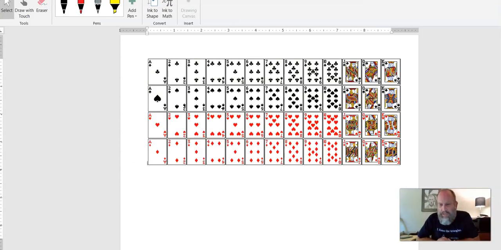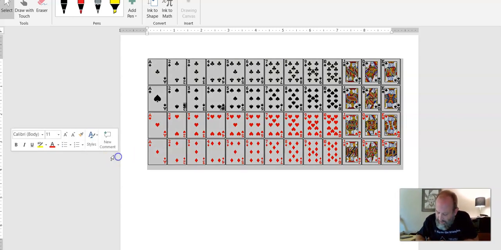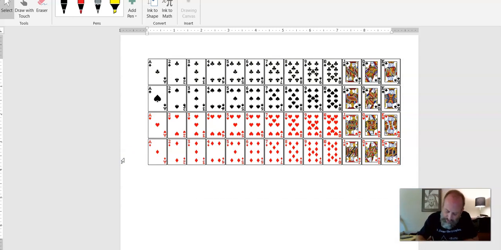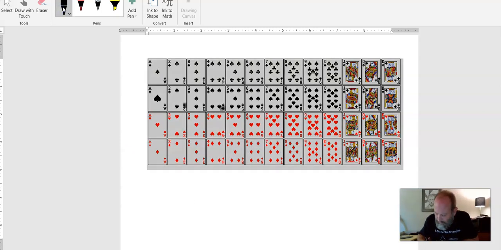So here's a typical deck of cards. These are always fun to play with for probabilities because there are so many different ways that you can divide these things up. You can divide them up by suits. I have diamonds, hearts, spades, and clubs as I look at this.